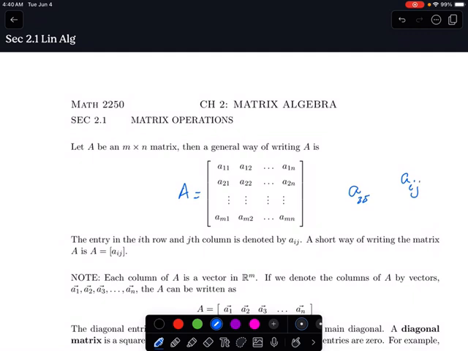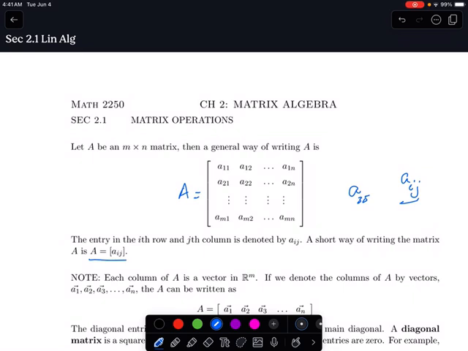And this representation gives us an idea for writing the matrix in a short or compact form, which is that we can write matrix A as the entry aij with brackets around it.